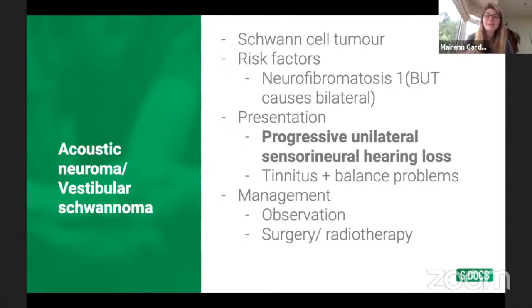So that just complicates it ever so slightly. Because of the slow-growing nature of these tumours, a lot of them are observed to begin with until there's severe hearing loss or other symptoms become difficult, or you're worried about it spreading further. When the tumour is of a certain size, most commonly they'll treat it by surgery, but radiotherapy is also beginning to be used more and more.